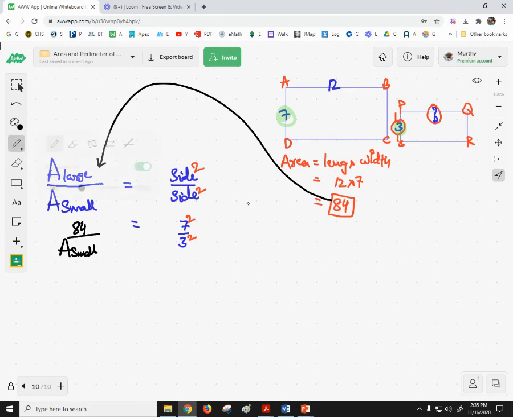At this point, all of you know that we go for cross multiplication. Use your calculator and compute the value of the area of the small rectangle. I'll give you about 30 seconds to compute.